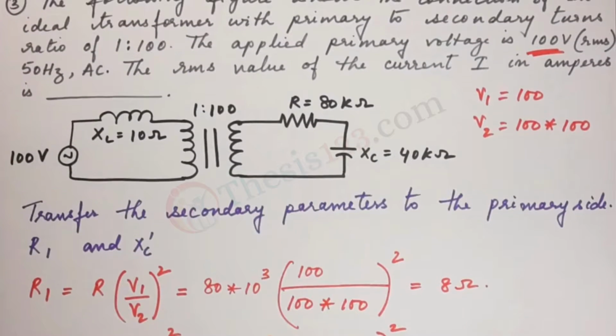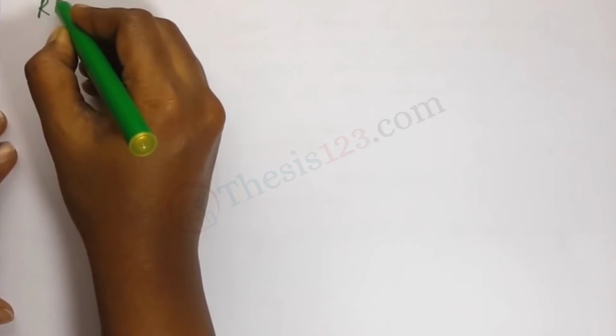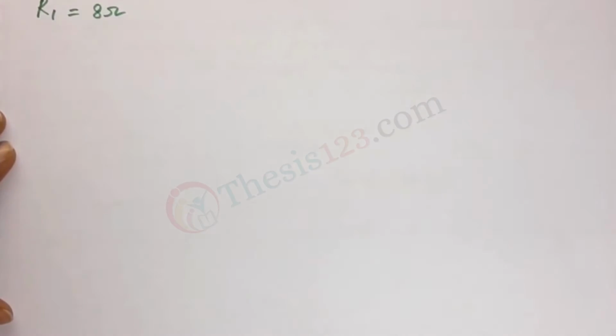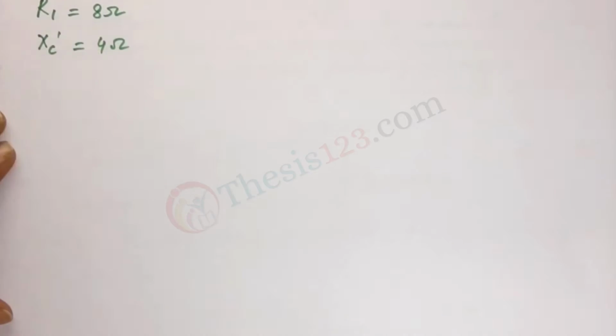Now let's draw the equivalent circuit. I'll just get another sheet of paper. Right, okay. Now here are our values. R dash, or R1, we have found to be 8 ohms, and XC dash is 4 ohms.